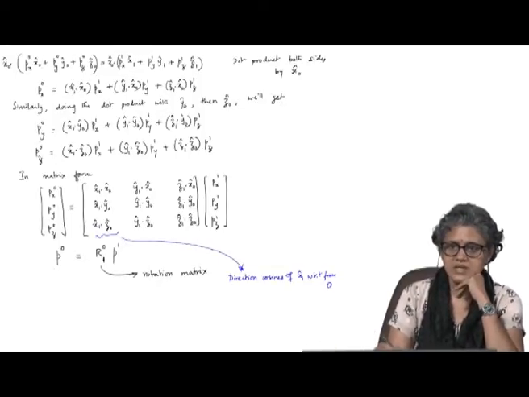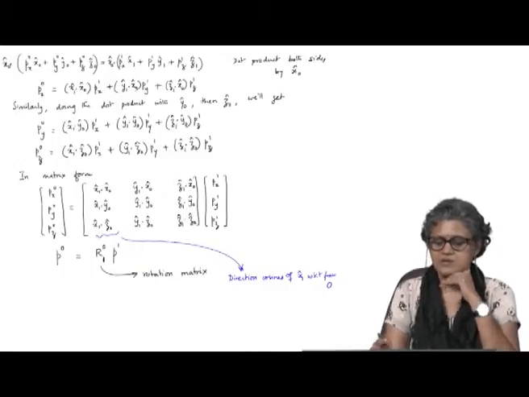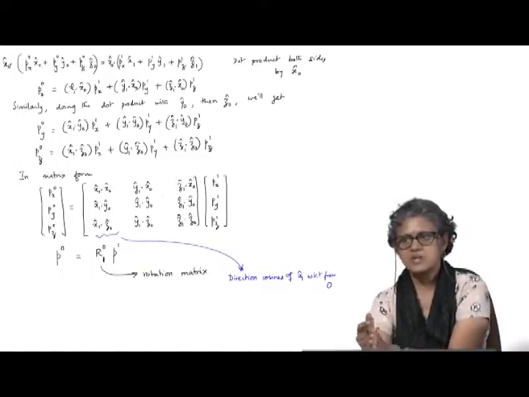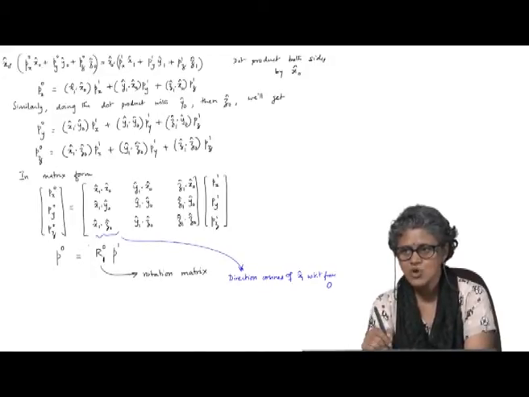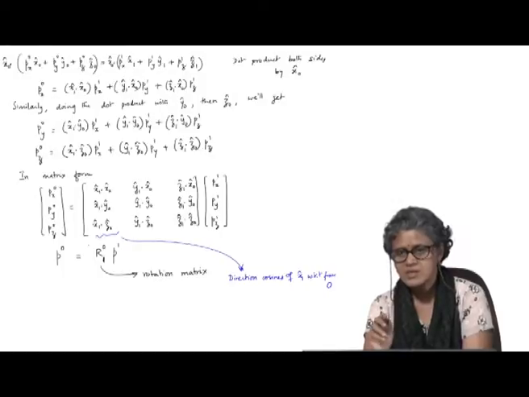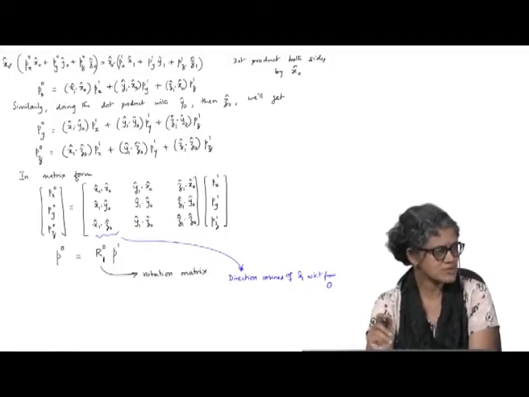Similarly, the next column gives the direction cosines of y1. So, the columns of this rotation matrix are basically the direction cosines of the 3 unit vectors defining frame 1 with respect to frame 0.